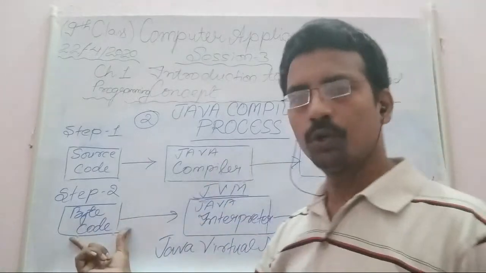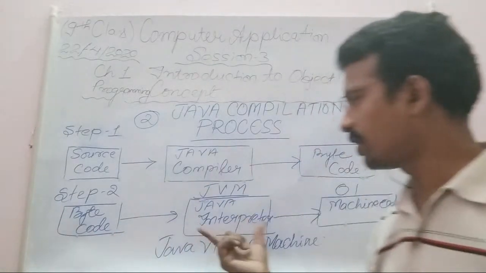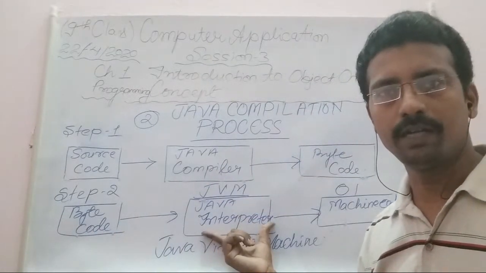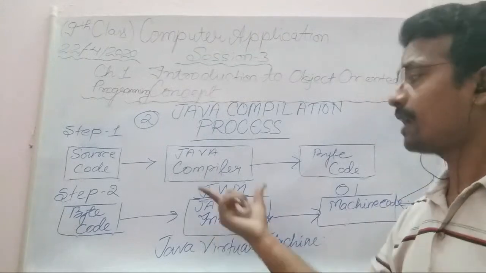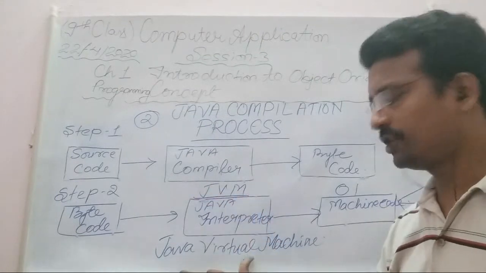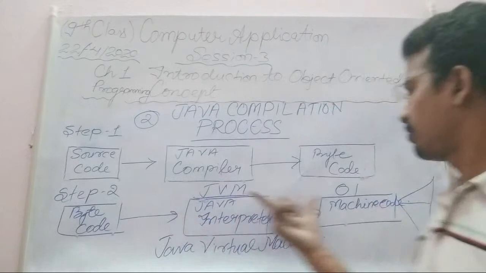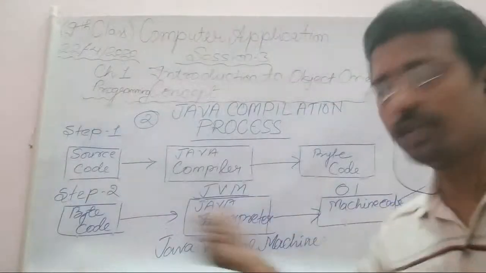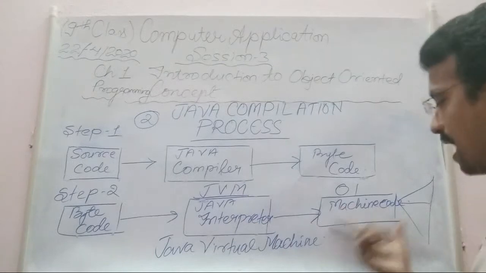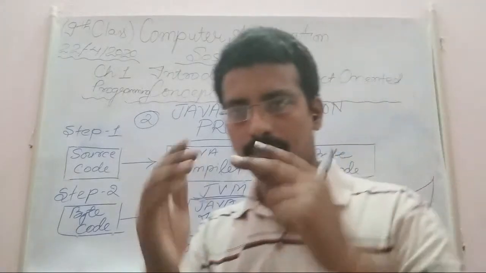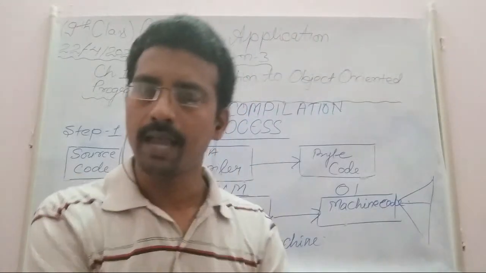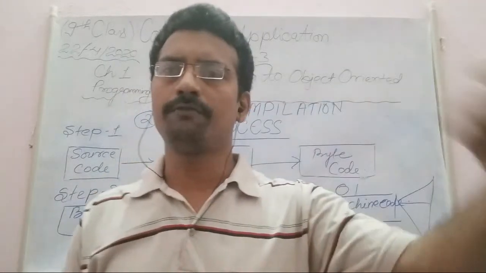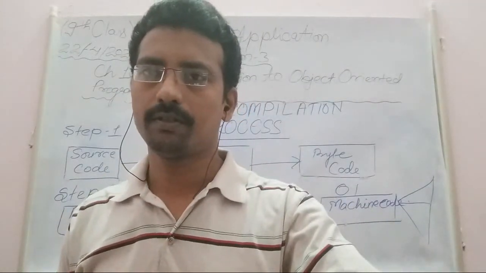Then this bytecode goes in the second step to the Java interpreter, that is also called JVM or Java Virtual Machine. This Java Virtual Machine converts this bytecode into machine code. After this conversion, the machine code is given to the machine, and then the machine performs the further operations.